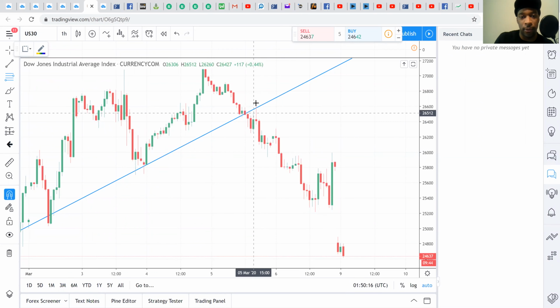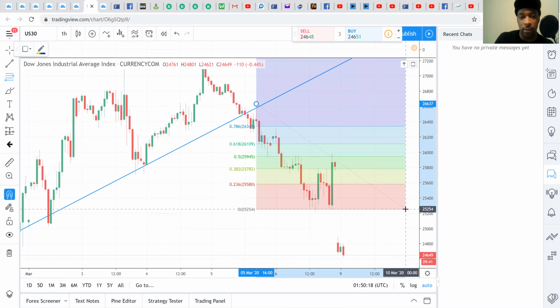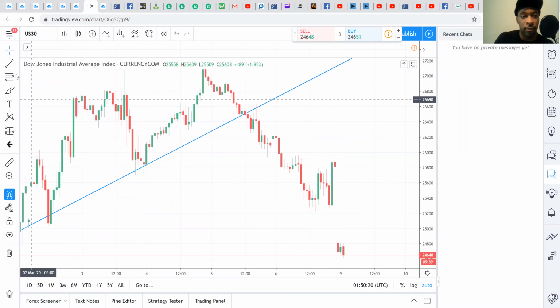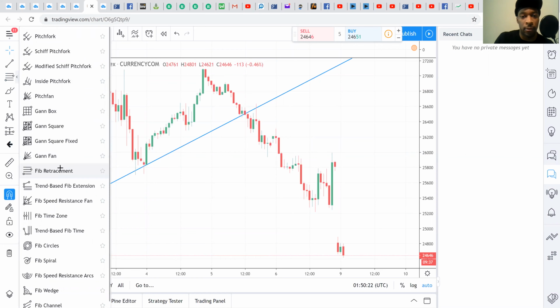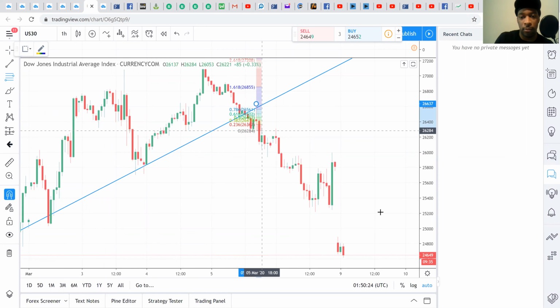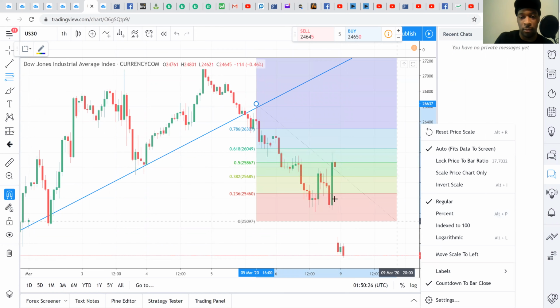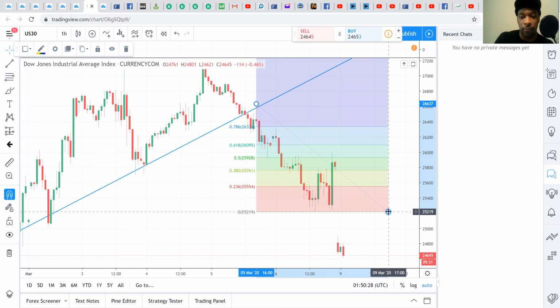Try it from this area down to the low. Okay. So if it comes up to the 2609 area, I'll definitely try to look for a sell position.